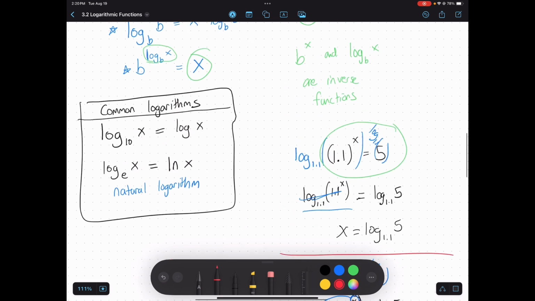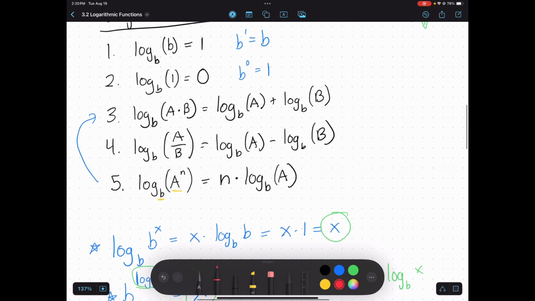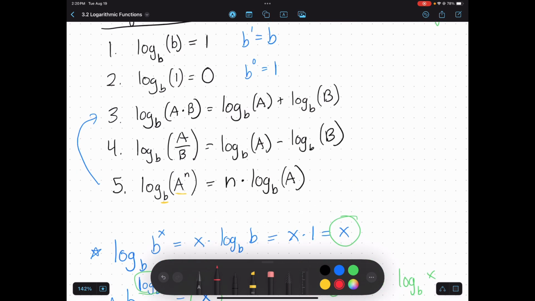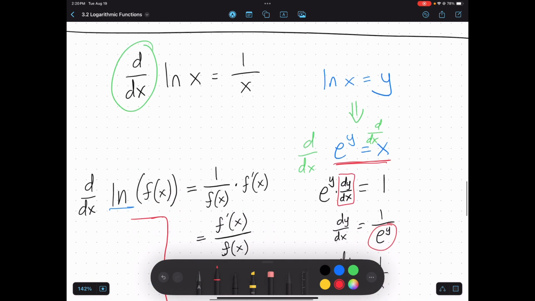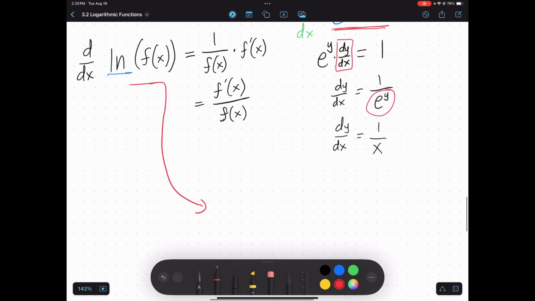Don't forget that logarithms have some really cool properties that allow me to work with two things that are being multiplied together inside of a logarithm, or two things that are being divided inside of a logarithm. So that's something I'll say with taking the derivative of the natural log of some function inside. Consider using some log properties first. See if any of the log properties will help you simplify your function before you take the derivative.